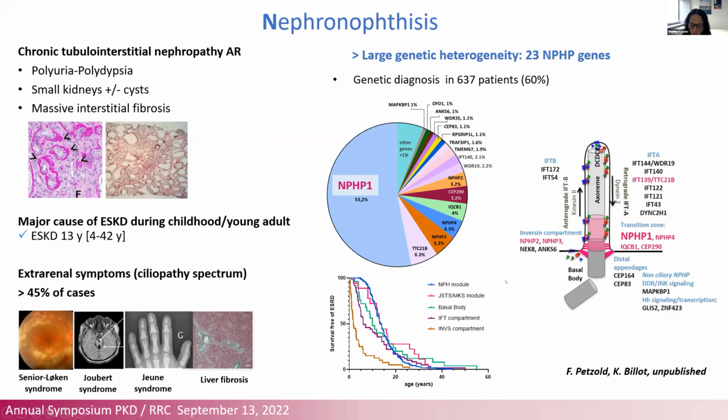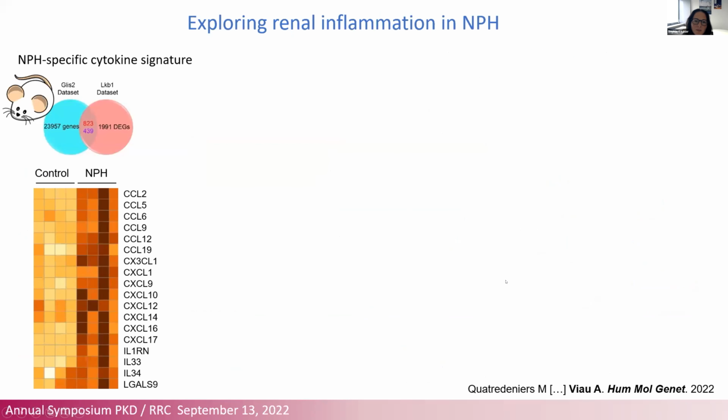In order to gain insight into the mechanism and pathophysiological understanding of this disease, recent work from Amandine Viau, a scientist in my lab who was working in Freiburg in Wolfgang Kuhn's lab, did a comparative analysis of two NPHP mouse models, GLIS2 and LKB1, which is specifically deleted in the kidney tubules with KSP3.